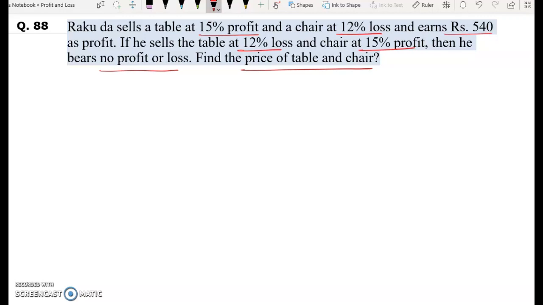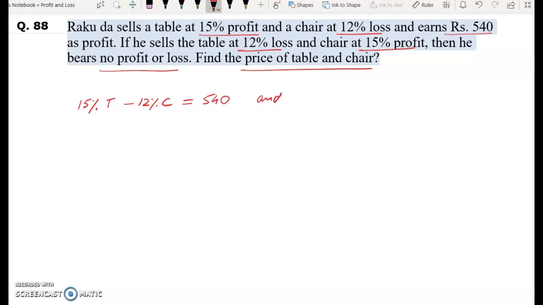So in this question, if the table is sold at 15% profit and chair at 12% loss, he earns rupees 540 as profit. So 15% profit on table. Profit means plus. And a chair at 12% loss. Loss means minus. 12% loss on chair. And he earns a profit of rupees 540.